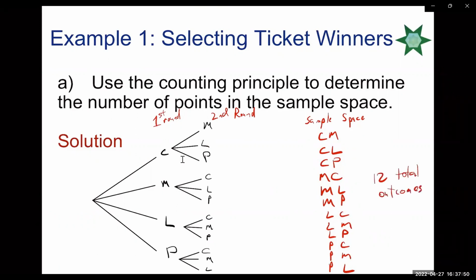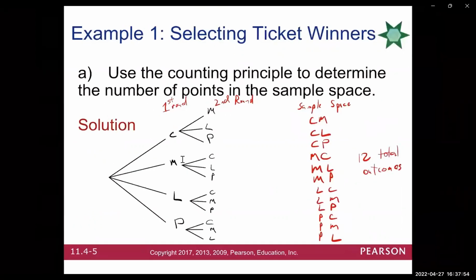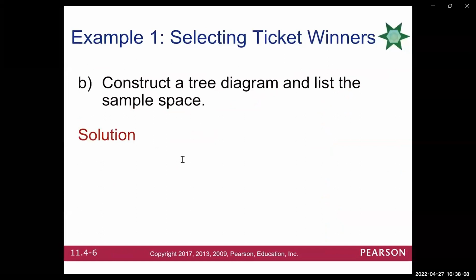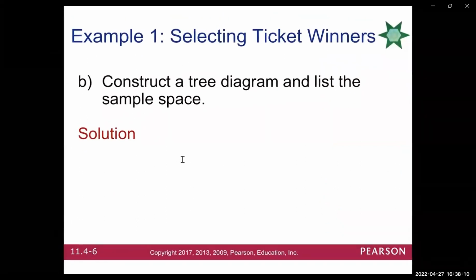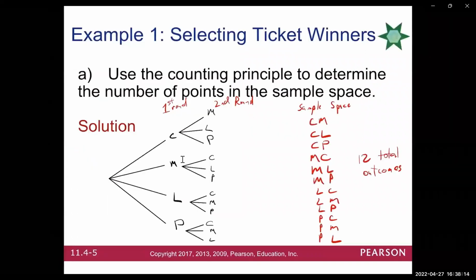So that's what the tree diagram will allow you to do. And now you can ask different questions like probability questions. What's the probability that so-and-so will be selected? The next slide is going to ask a follow-up question about probability. Oh, it says construct a tree diagram, which we already did. So I put the tree diagram on the wrong slide.